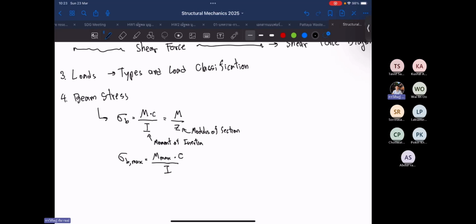But if you are not sure about your concept, you can perform the calculation. Okay, you will get the answer also. So I'm going to check this concept, how you understand this equation, how you connect the knowledge of the bending stress and the maximum bending moment.